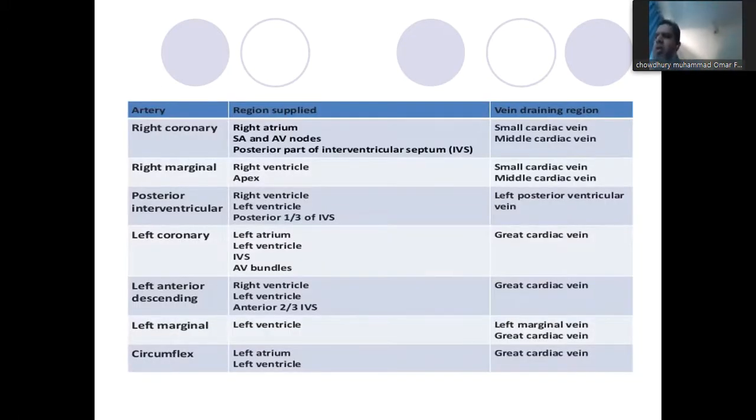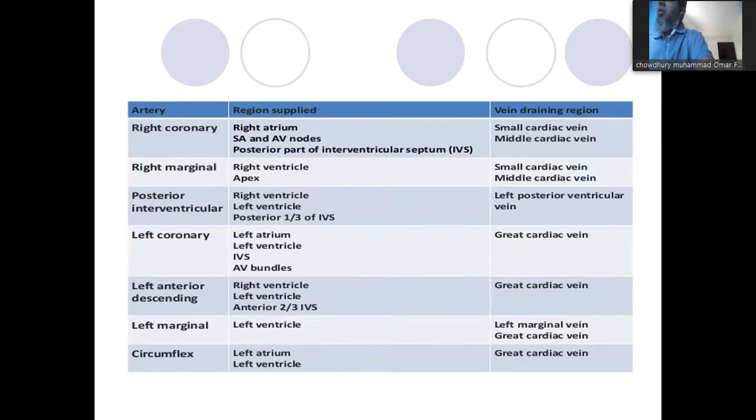So, in left dominance, a block in the left coronary artery affects the entire left ventricle and interventricular septum. It is a fatal condition if left dominance occurs, but in right or balanced dominance, a block in the RCA at least spares part of the septum and left ventricle.